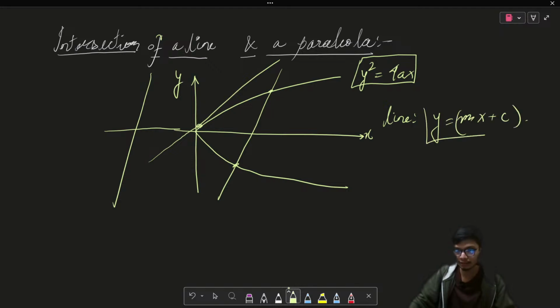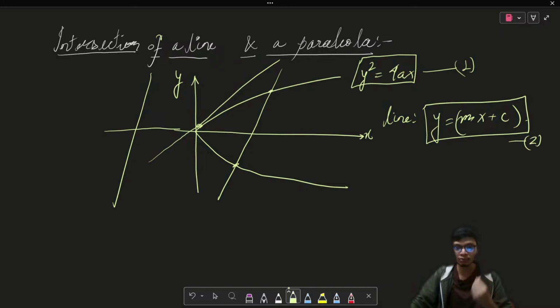To solve the first equation with the second in order to find the solution, I can substitute this value of y in the first equation and solve for a quadratic in x.